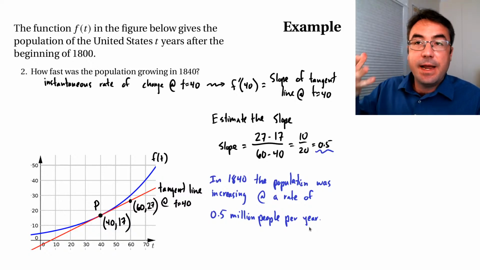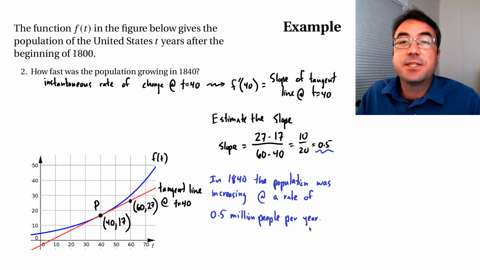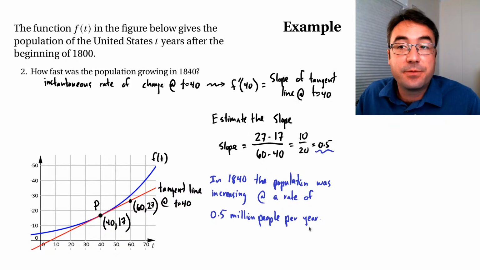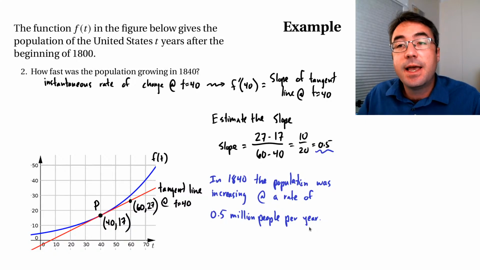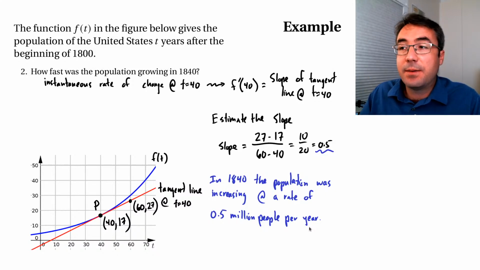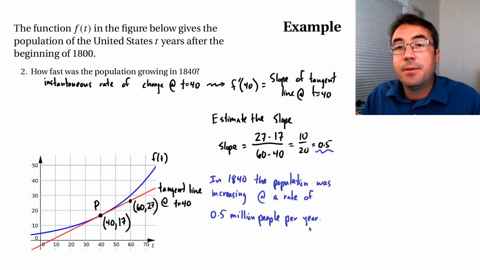So even without an actual formula for our function, if we just have the graph, we can estimate the derivative by drawing in the tangent line for ourselves and then estimating the slope of that tangent line. And so in the context of this problem, the derivative tells us how fast our population is increasing or maybe decreasing in terms of millions of people per year.